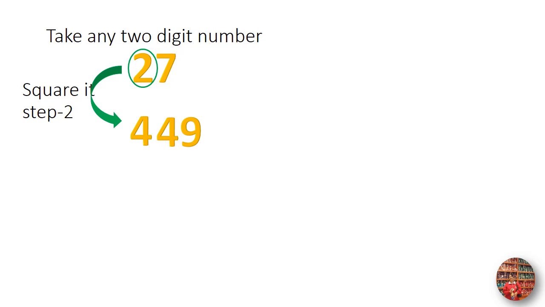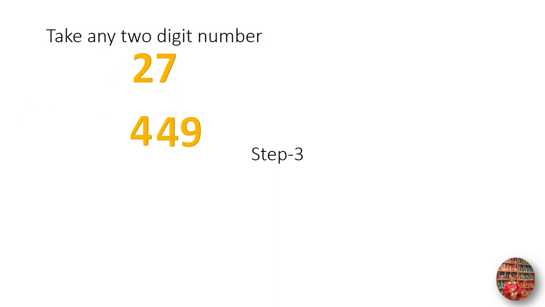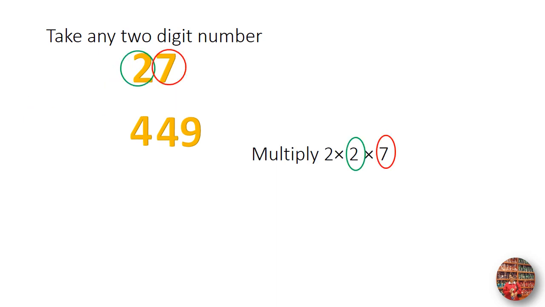Next step, multiply 2, 7 and another 2. So 2 2s are 4, 4 7s are 28. So 28 should be placed below in such a way that it is shifted one place left of the 449.